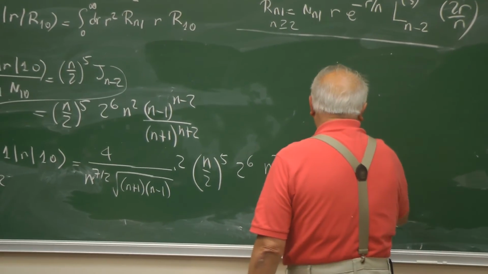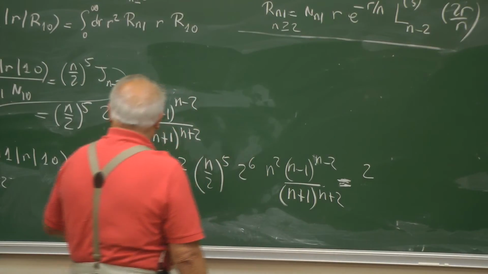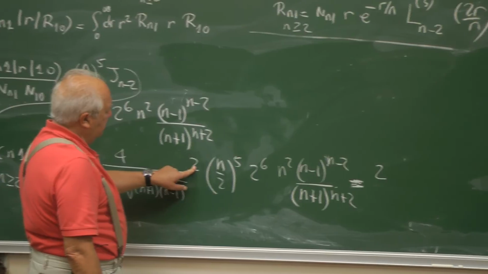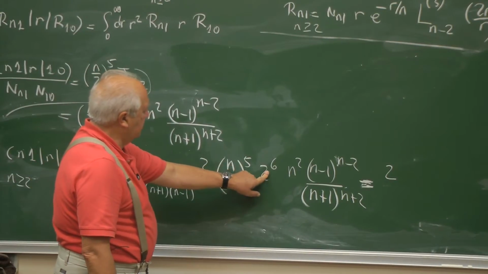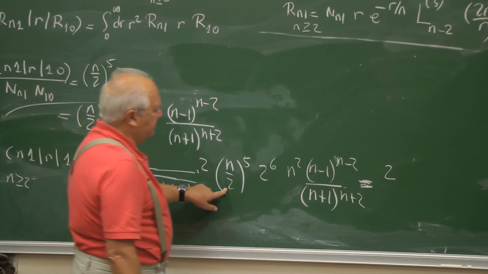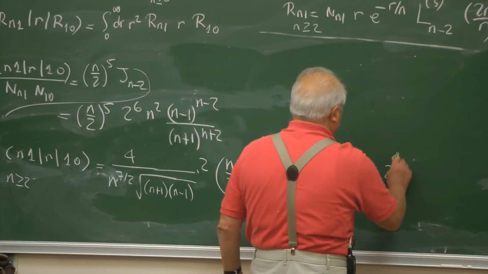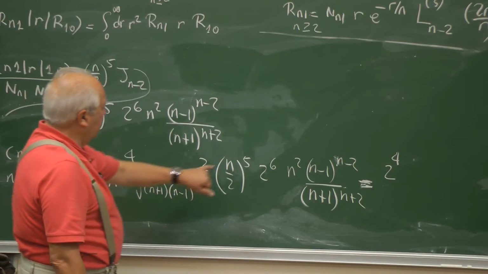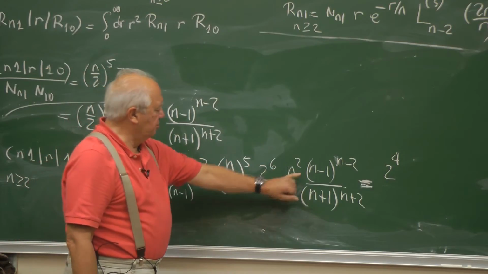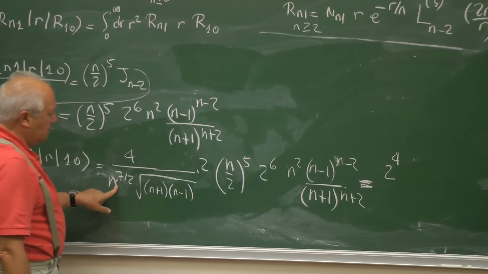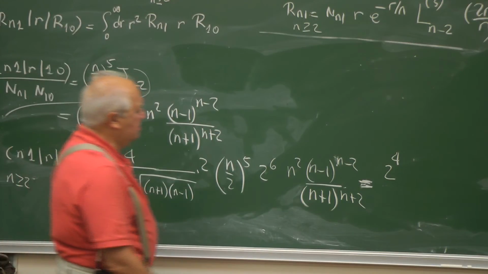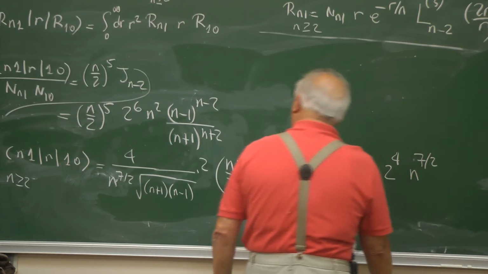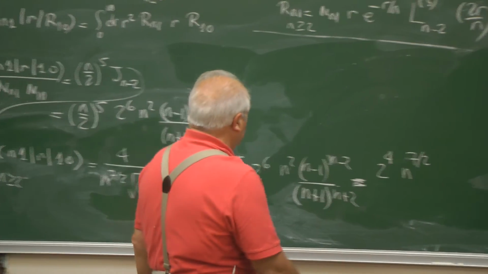powers of 2. This power is 2, 1, 3, 9 minus 5 is 4, 2 to the 4. Then powers of n, 5 plus 2, 7, and downstairs 7.5, so it is n 7.5. Then n minus 1.